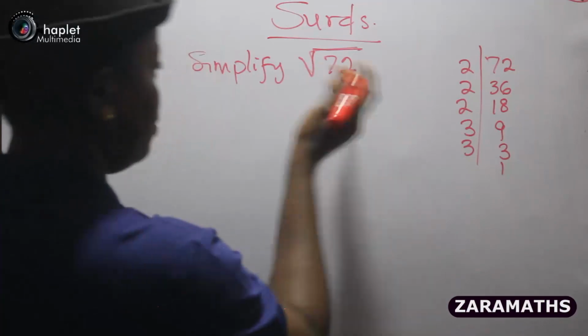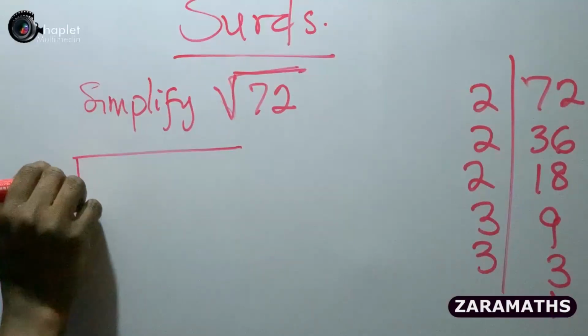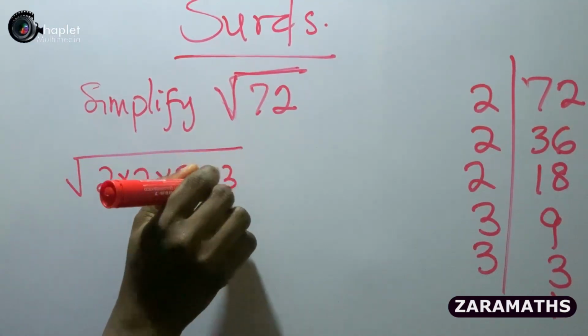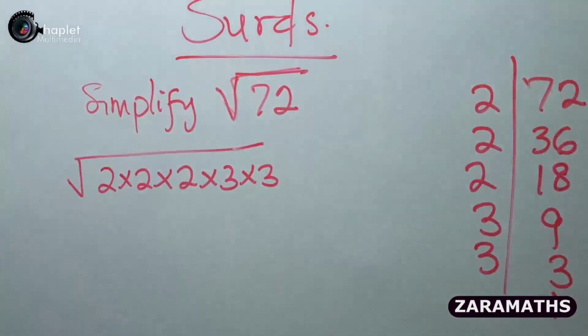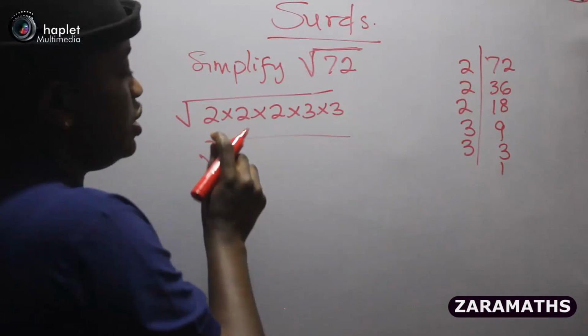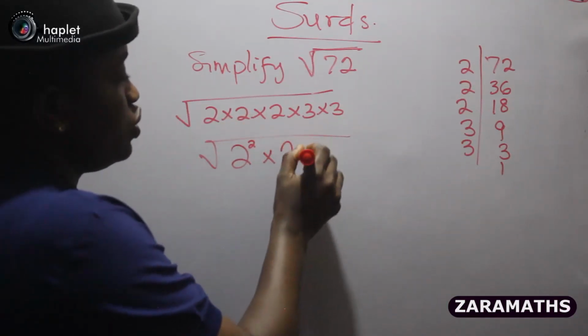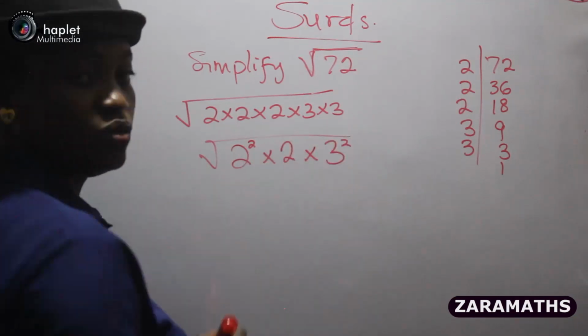So now let's simplify. The square root of 72 becomes the square root of 2 times 2 times 2 times 3 times 3. In this case, this can be rewritten as 2 raised to the power of 2, times 2, times 3 raised to the power of 2.